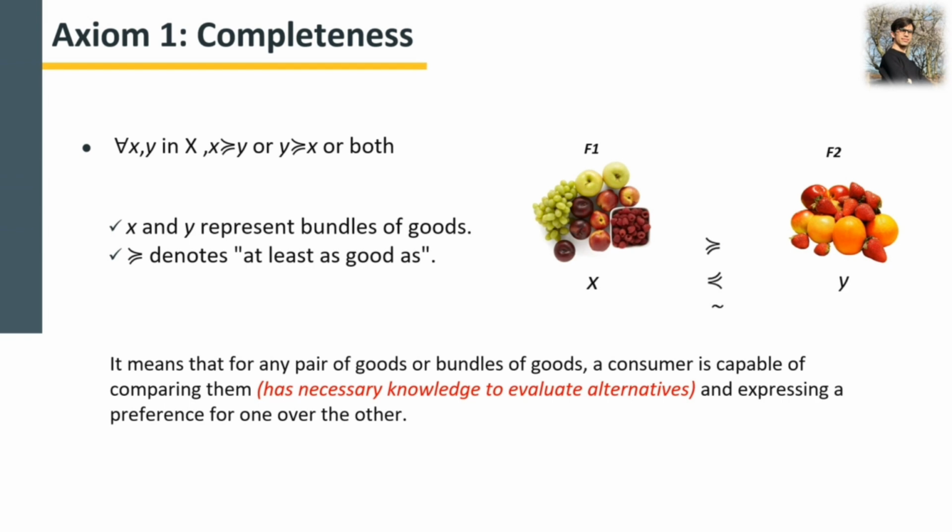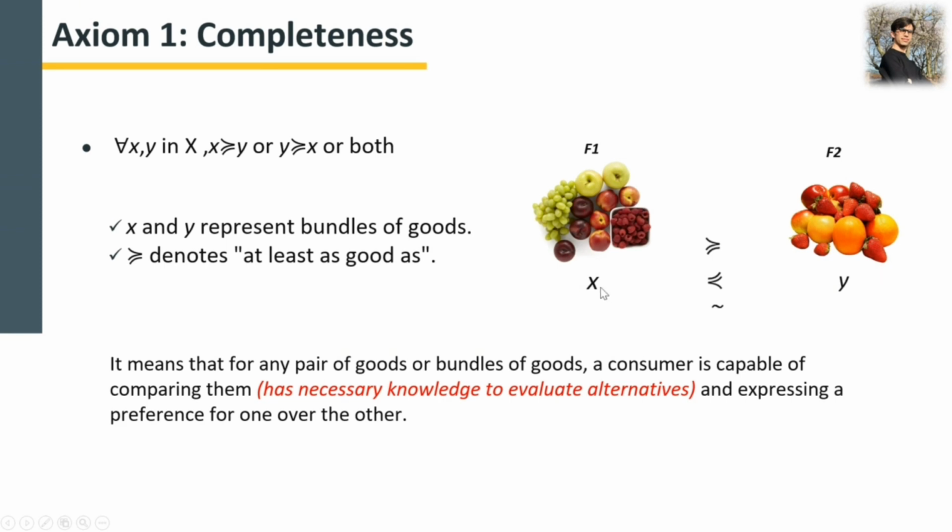So let me provide an example of this completeness. Suppose we have two bundles of fruits, F1 and F2. So assume F1 is X and F2 is Y. There are three types of relationship that could be between bundle X and Y, or F1 and F2.